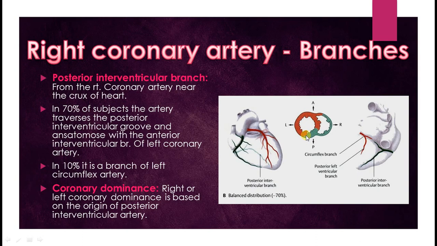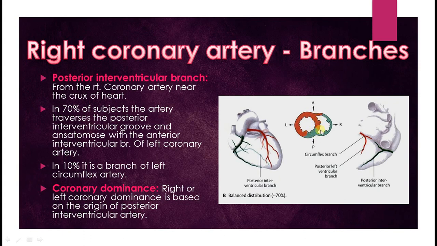Now, right coronary dominance is the normal pattern found in the majority of the population. I told you that in 10%, if it is left coronary dominance, then the whole of the left ventricle is under the control of the left coronary artery, and the whole of the interventricular septum also.